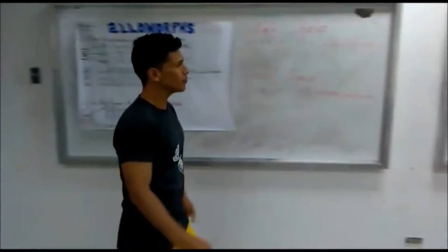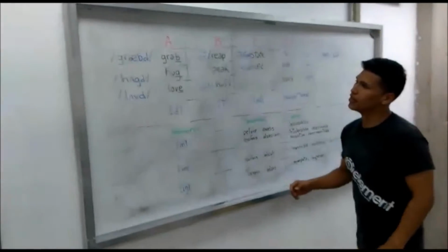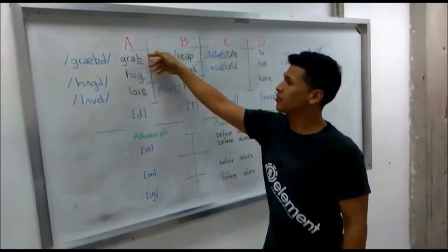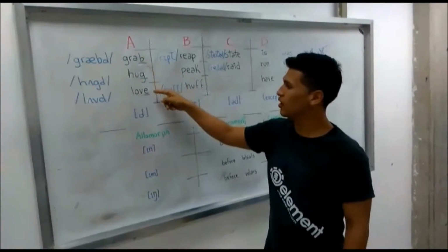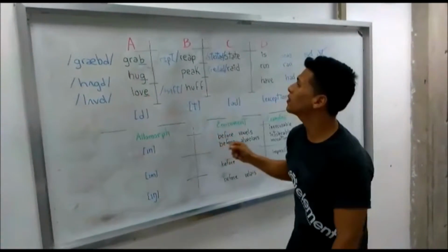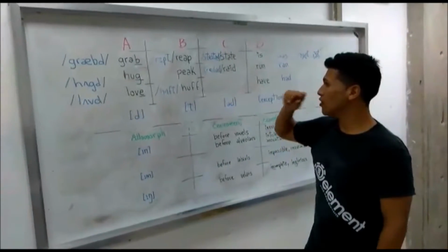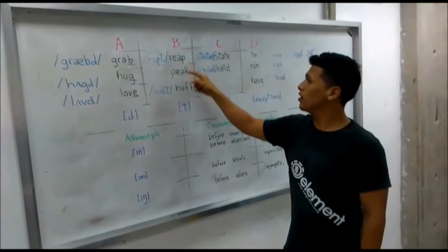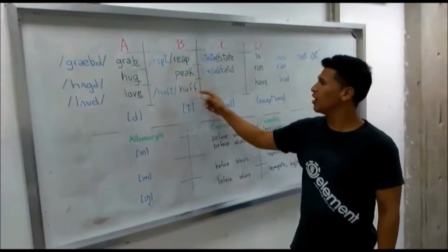For example, we have here our columns. In column A, we have verbs with a voiced sound, for example, love, grab, hug. And in column B, we have verbs with a voiceless sound like k, for example, break, pick, and huff.